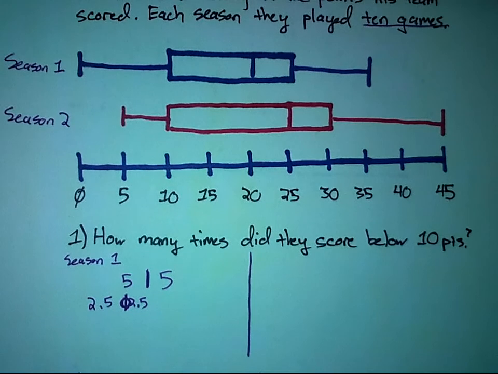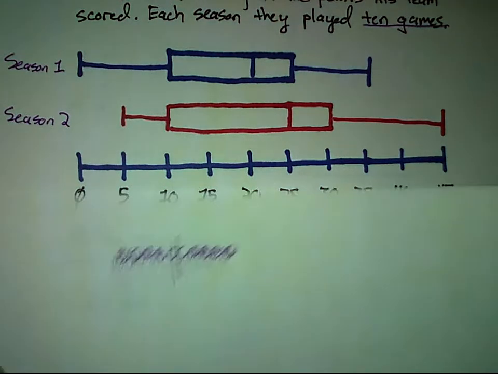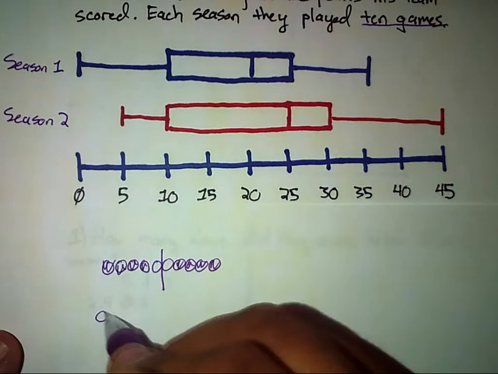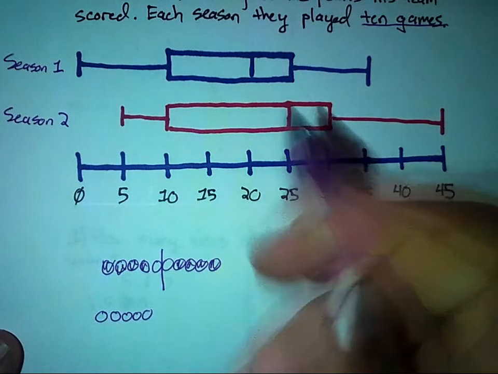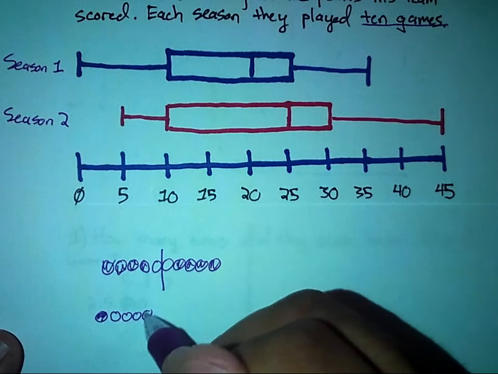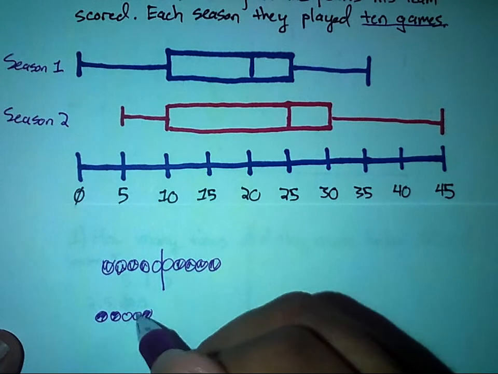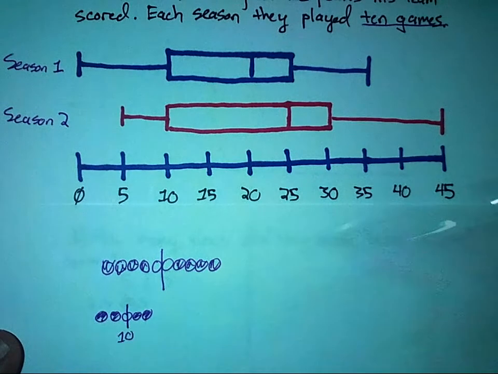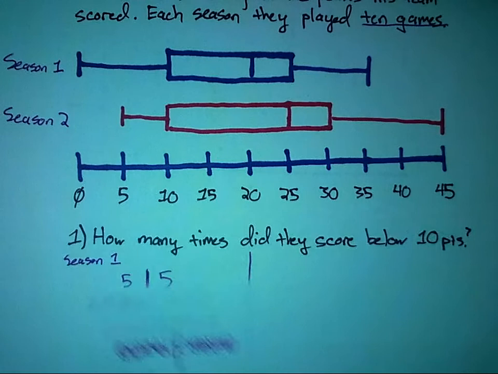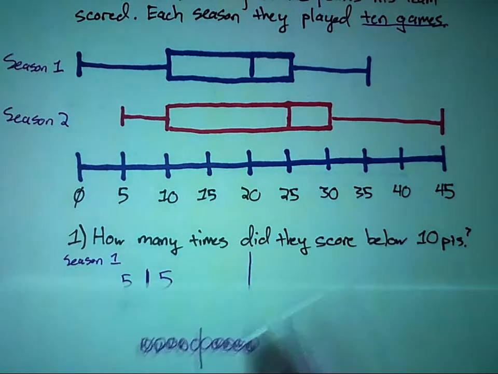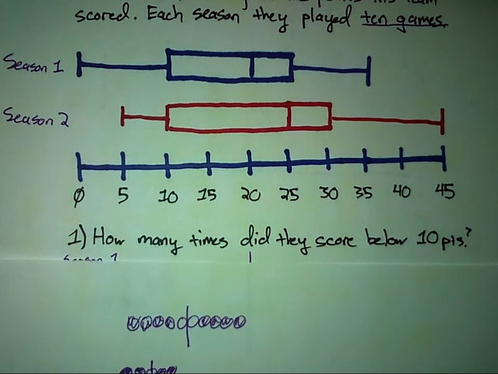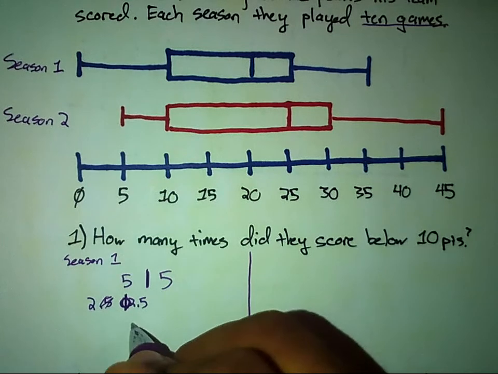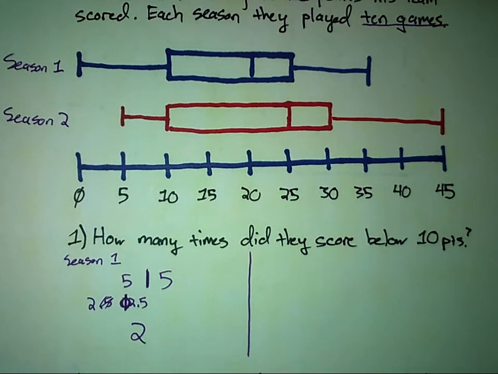So again, if I go back to the bubble chart that I drew a little bit ago, you can see that we had 1, 2, 3, 4, 5, and 1, 2, 3, 4, 5. And if I was trying to find the lower quartile, you would see that the lower quartile would be exactly 10 points. Since the question being asked is how many times did they score below 10 points, we don't include that game. So in reality, it's only going to be 2 games. So on this side, for season 1, it'll be 2 games.